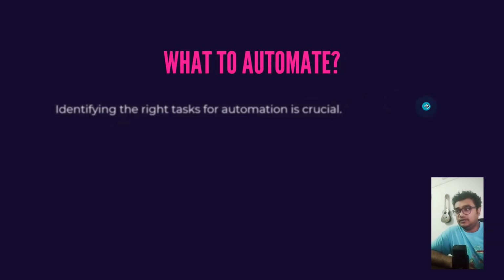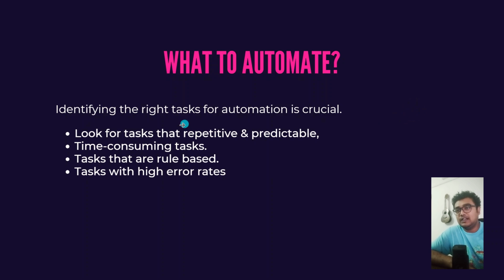So what to automate? Identifying the tasks that you need to automate is crucial. Generally what I would say is you need to have good processes so that you can automate them. You need to identify what your processes are and how they are set up so that it's easier to automate them. So look for tasks that are repetitive and predictable, time consuming tasks, anything that is rule based, anything if-else or and-or kind of situation.